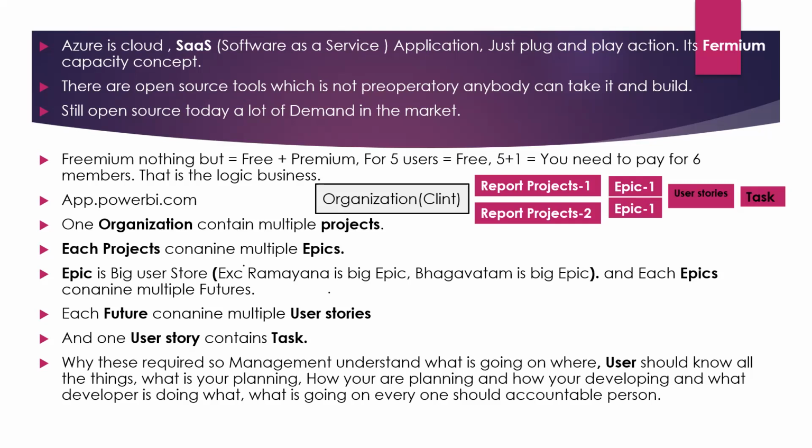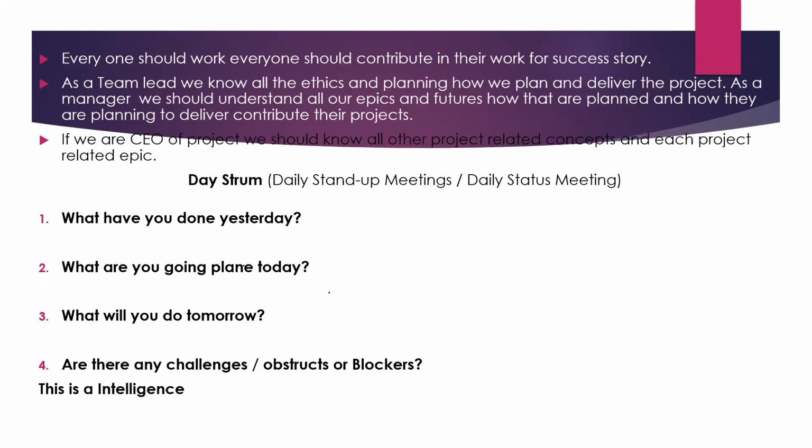Understand what we are going to deliver to the user, and what we are planning. So the planning, how much, where, how you are developing, what we are developing, everything should have an accountable person. When you engage in one project, you may be an accountable person. Okay, yes. Now everyone should contribute to the success story.